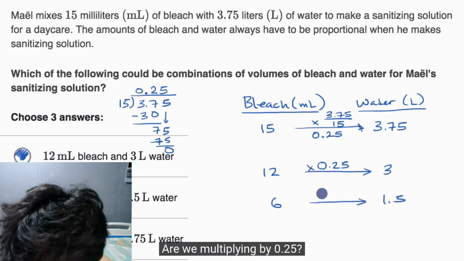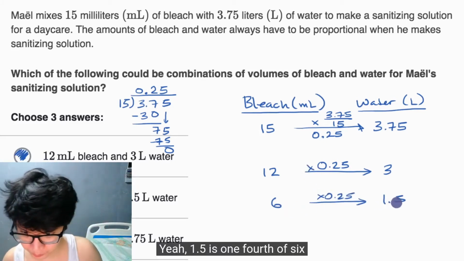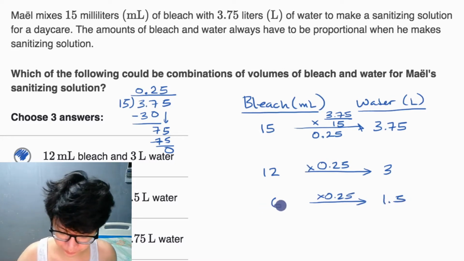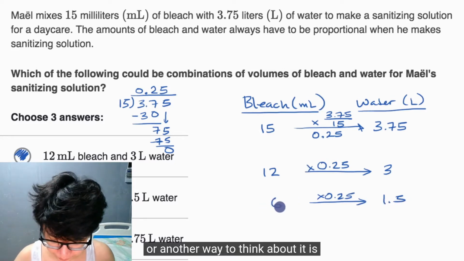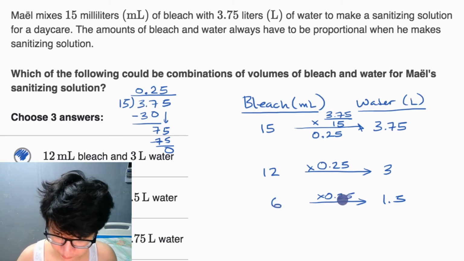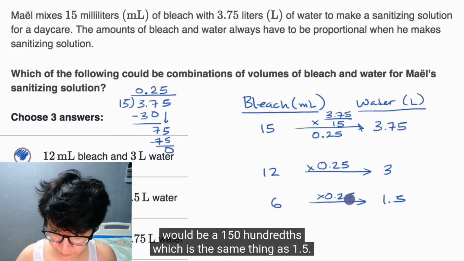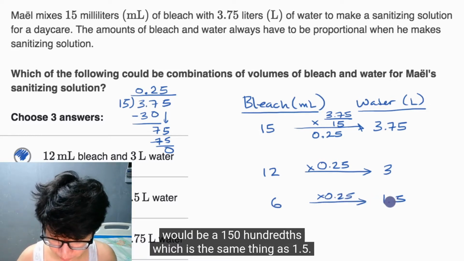Are we multiplying by 0.25? Yeah, 1.5 is 1/4 of 6. Or another way to think about it: what is 6 times 25? It is 150. So 6 times 25 hundredths would be 150 hundredths, which is the same thing as 1.5.